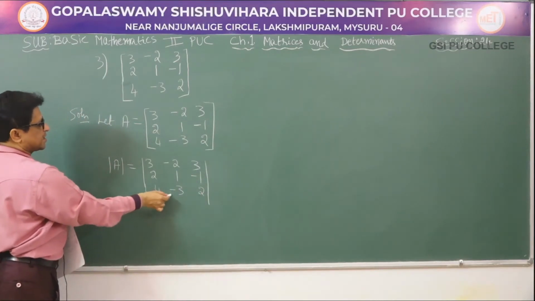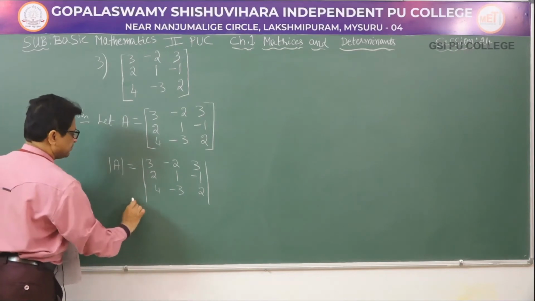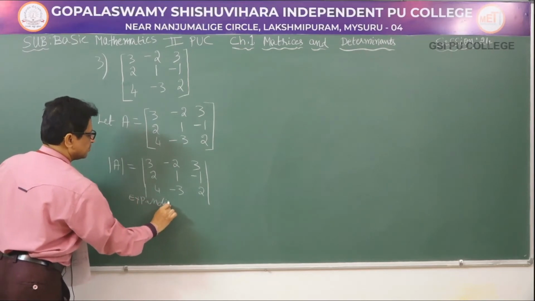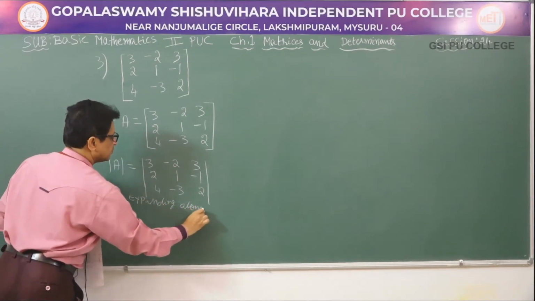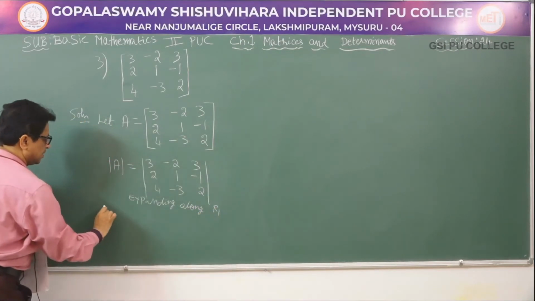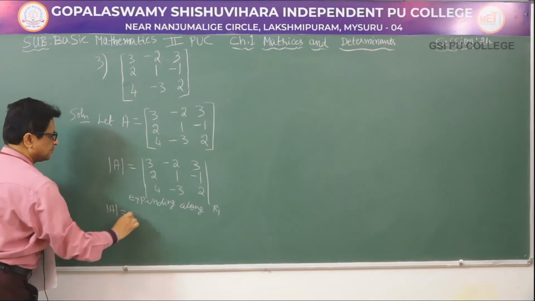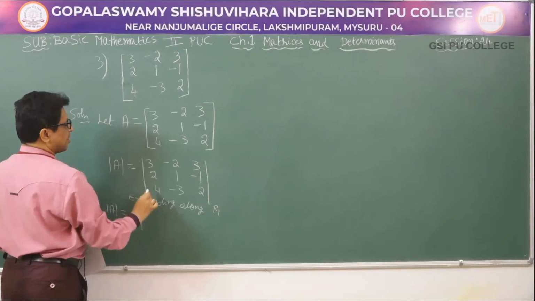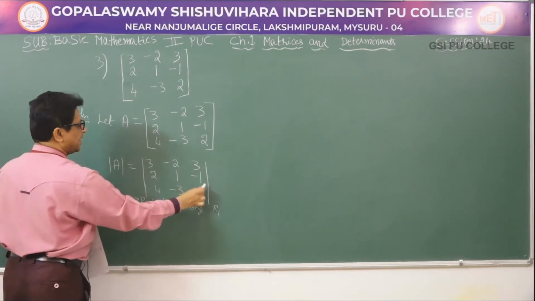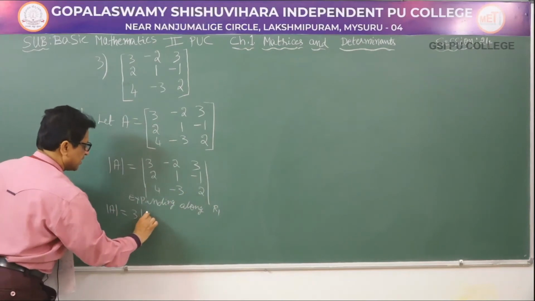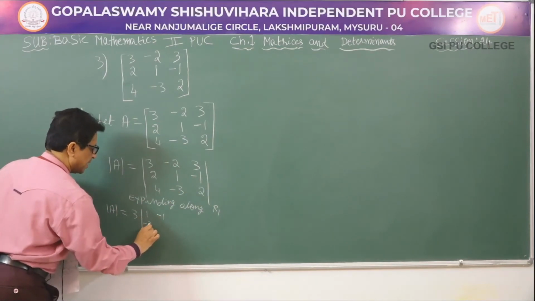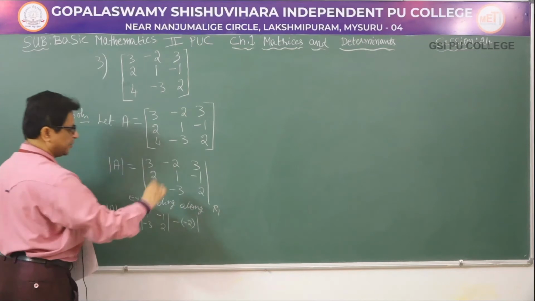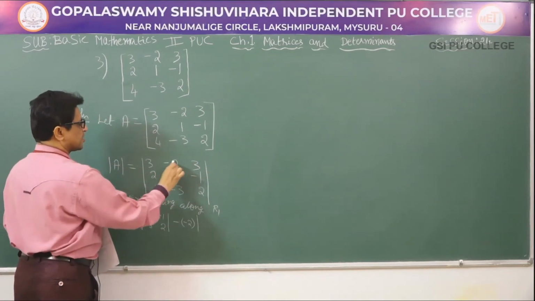So, let us expand this determinant along R1. Determinant of A is equal to 3 into, so 3 lies in the first row and first column. We eliminate the first row and first column and take the determinant of the remaining elements, that is 1, minus 1, minus 3, 2, minus 2 into, minus 2 lies in the first row and second column.